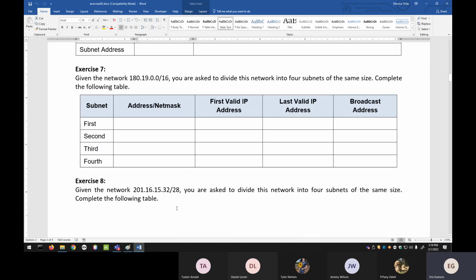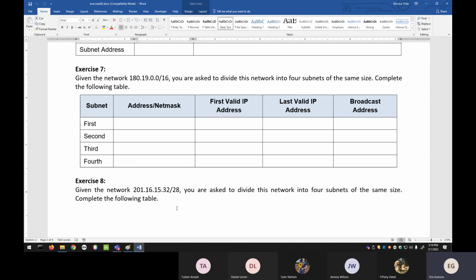Let's do exercise 7. Given the network 180.19.0.0/16, you are asked to divide this network into 4 subnets of the same size. Complete the following table. So you need to give all the information of the 4 subnets.